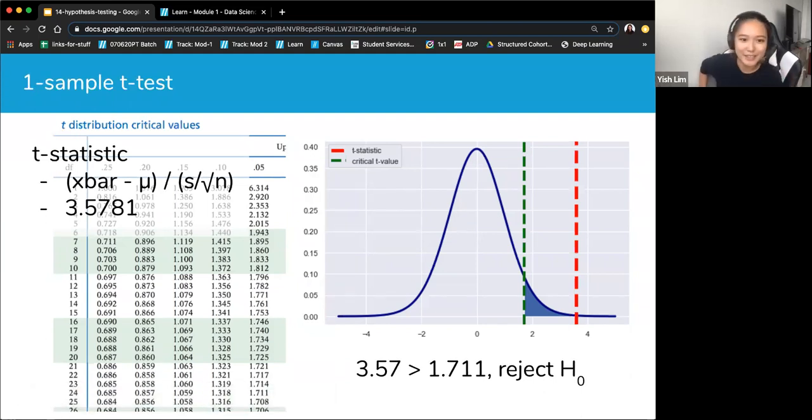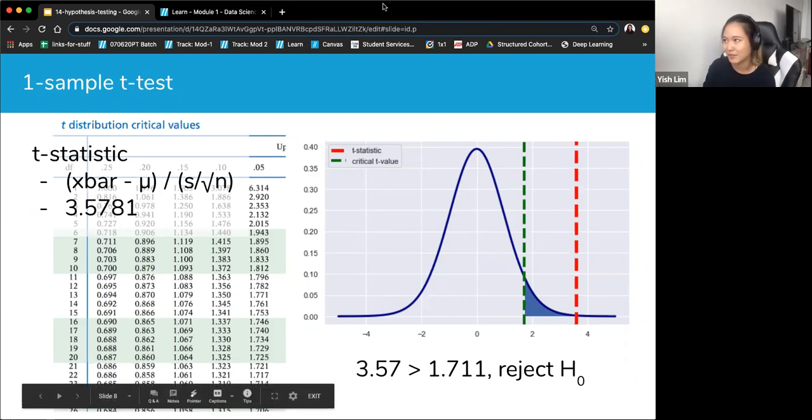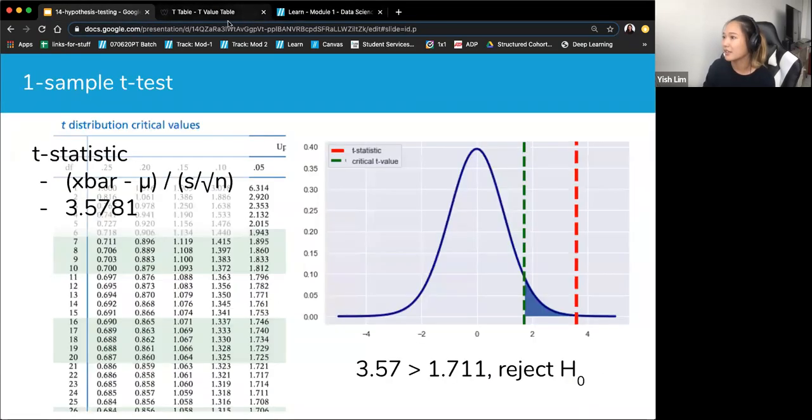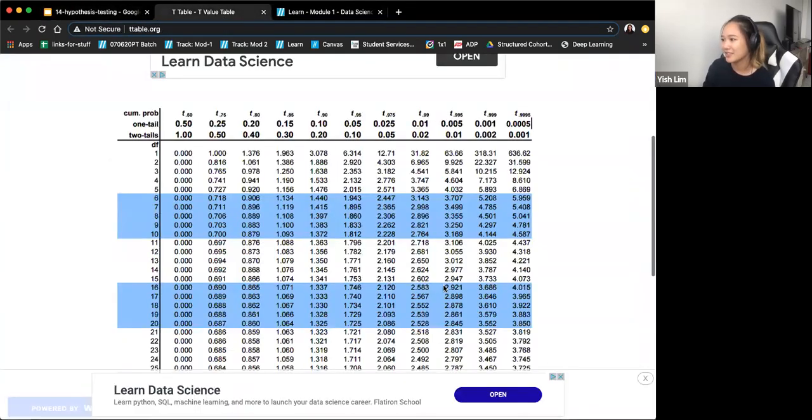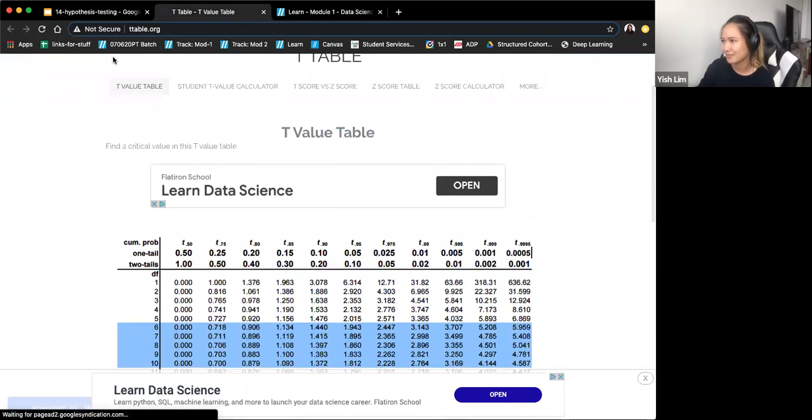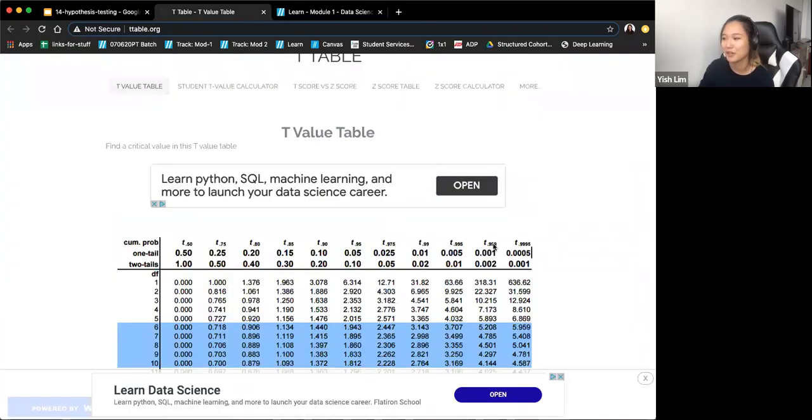When you're doing a t-test, what you have to do now is look for your critical t-value. Based on the alpha that you chose, there's an associated critical t-value that you will compare your t-statistic to. Let me pull up the t-value table so it's clearer.